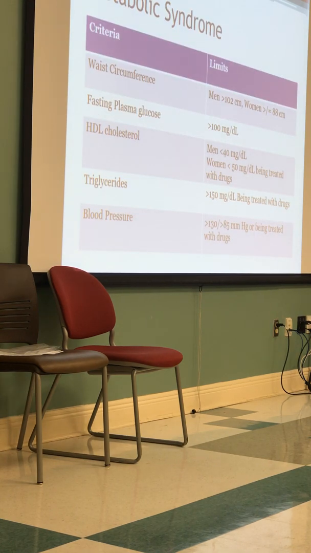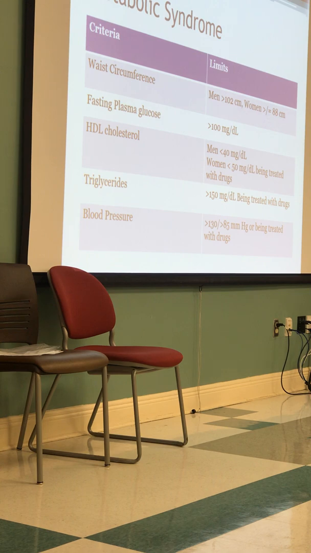Metabolic syndrome. What does metabolic syndrome indicate? It's like a cluster of risk factors. But if I have everything on there, what does that say to me? My likelihood of dying from heart disease is very high.